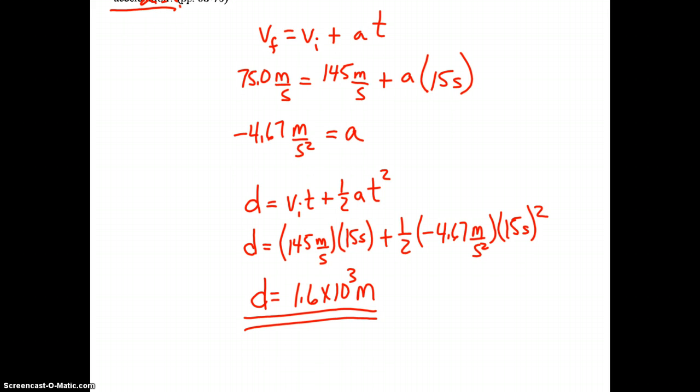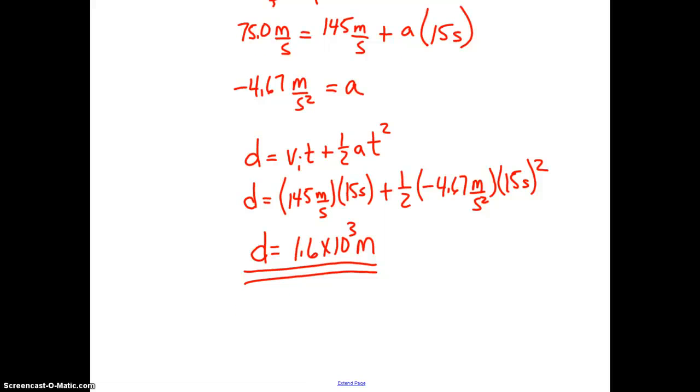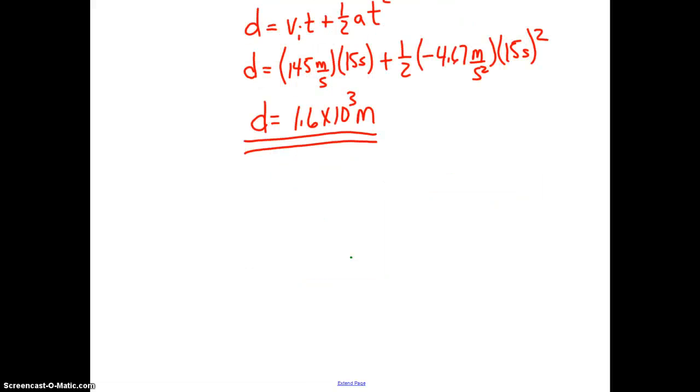I'm actually going to pause here a moment and extend this question. I'm going to show you how this question could have been done much more quickly without doing both steps. We can use V equals D over T to solve for D here, if we remember that this V is average velocity.